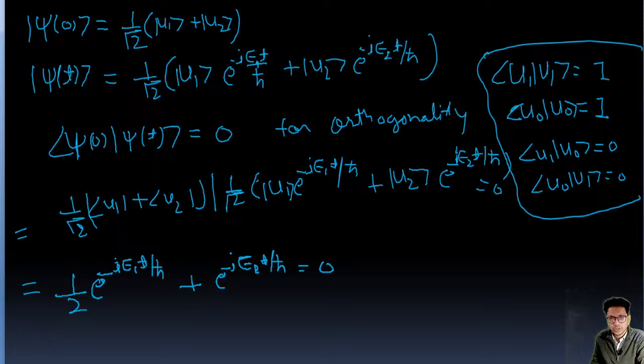Okay, so now we'll take this to the right hand side, so it is going to be 1 upon 2 e to the power minus iota e1t upon h cut equal to minus 1 upon 2 e to the power minus iota e2t upon h cut.